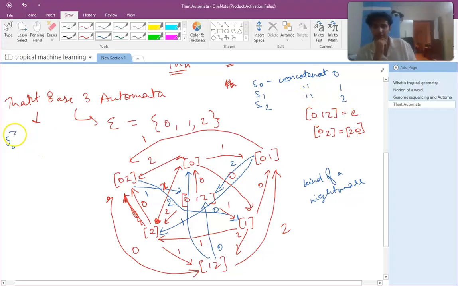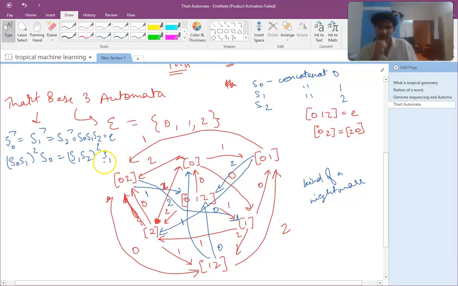And so S naught to the power of 7 is equal to S1 to the power of 7 is equal to S2 to the power of 7, which is equal to S naught, S1, S2, which is equal to the identity element. We also have S naught, S1, the whole square, S naught is equal to S1, S2, the whole square, S1, which is also equal to S2, S naught, the whole square, S2, which is again equal to the identity element.